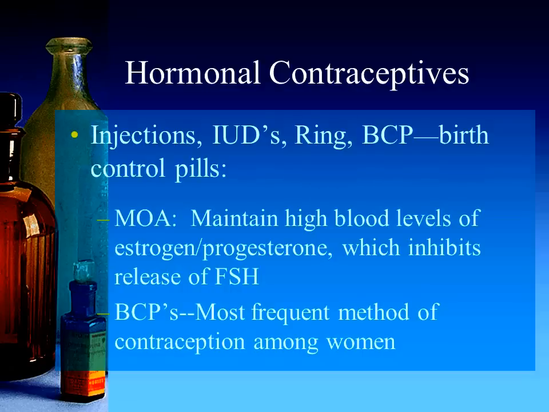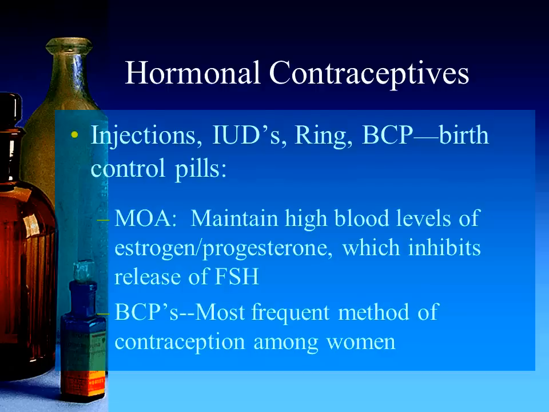IUDs are another form. The IUD, the intrauterine device, has the hormones embedded within it, and they are also slowly released. These are generally replaced every 12 months.